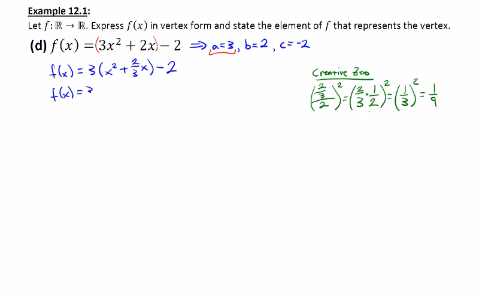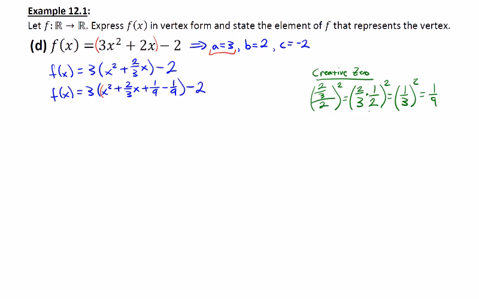So f of x will equal 3 times x squared plus 2/3 x plus 1/9 minus 1/9, close the parenthesis, and then put in the -2. So that takes care of our create-a-zero.